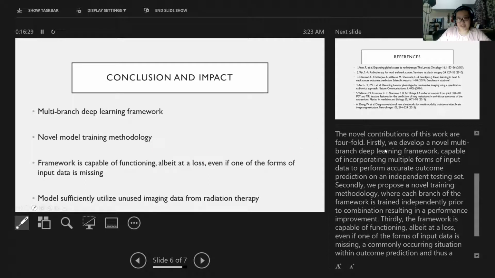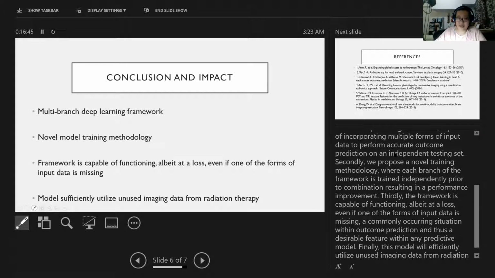Firstly, we develop a novel multi-branch deep learning framework capable of incorporating multiple forms of input data to perform accurate outcome prediction on an independent testing set. Secondly, we propose a novel training methodology where each branch of the framework is trained independently prior to combination, resulting in a performance improvement.